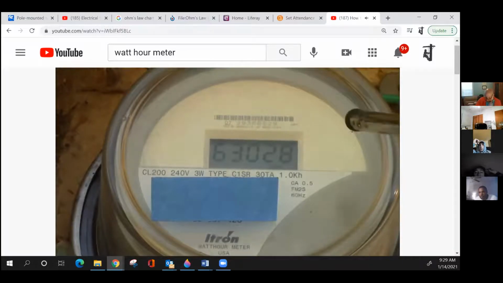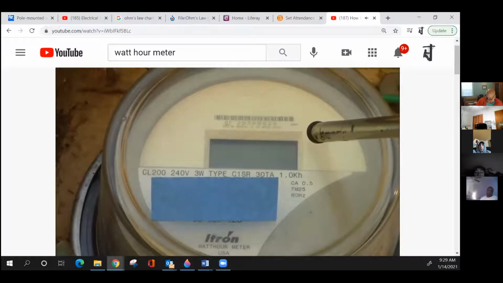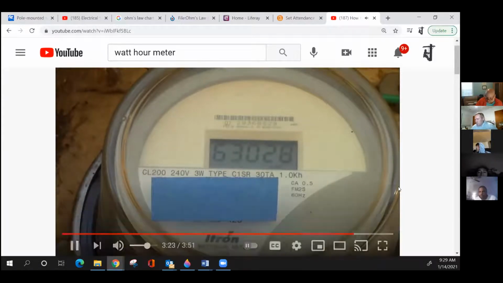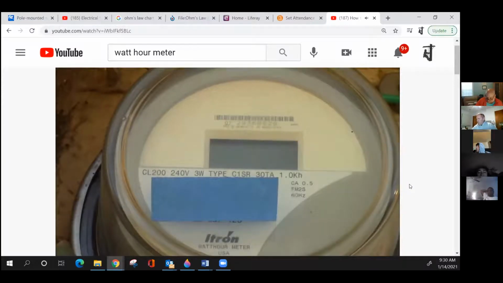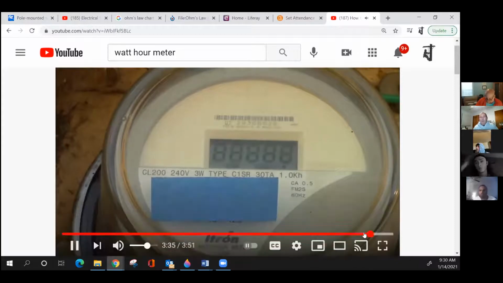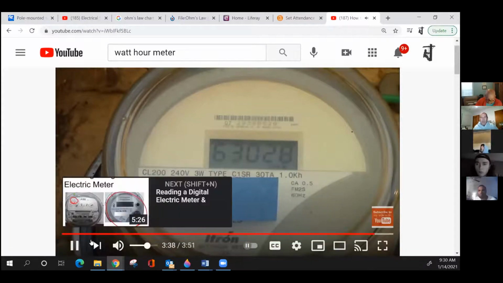And the other thing you can do is take a reading, say first thing in the morning, and then take a reading the next day about the same time, and you can get your day-to-day usage. Then divide those kilowatt hours that you used in a day by 24, and that will give your average power consumption. And then by watching those dots change, you can get your instantaneous power consumption, and then you can see if you're above or below the average. So that's a pretty handy little tip if you want to figure out what kind of power you're using.